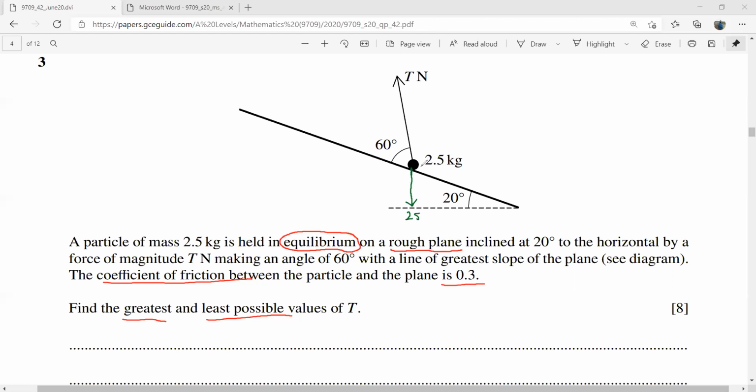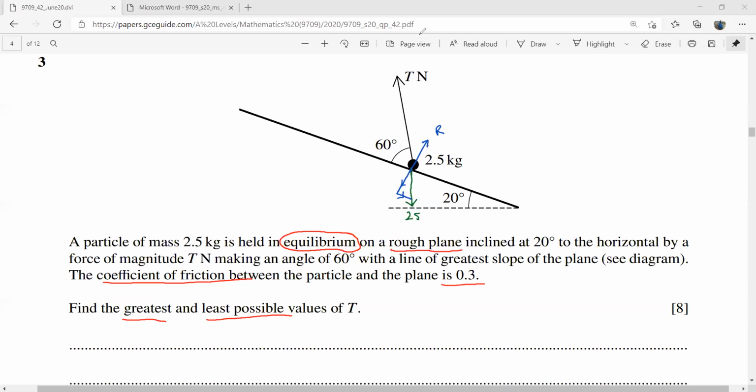If you try to maintain a right angle, you will not be confused. So this is going to be your R over here. Whenever you have to deal with the coefficient of friction, you need to show this R and determine the value of R.